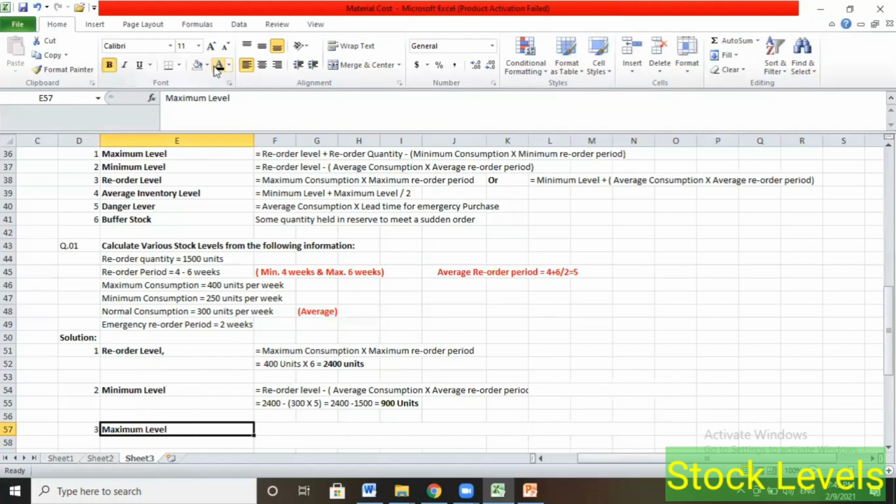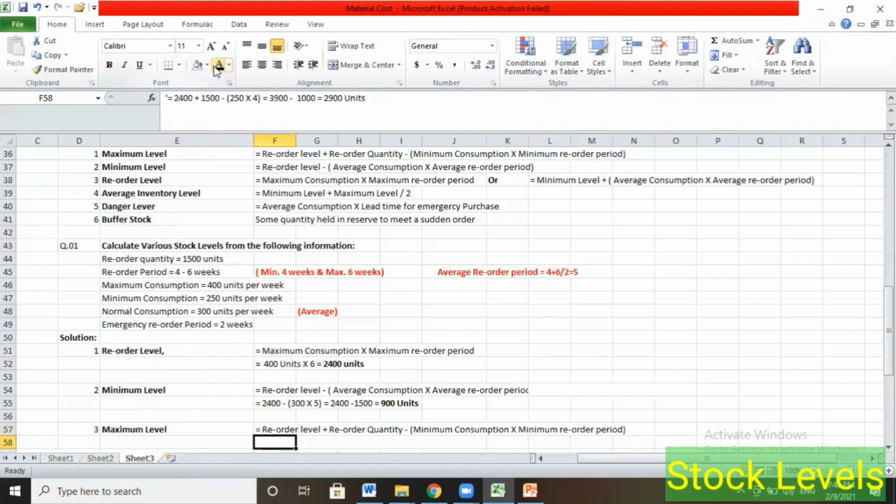We'll consider that as minimum level. Then maximum level, again the formula is reorder level plus reorder quantity minus minimum consumption into minimum reorder period. So reorder level is 2400 plus reorder quantity, which was given in the question, reorder quantity 1500 units, and minus minimum consumption into minimum reorder period.